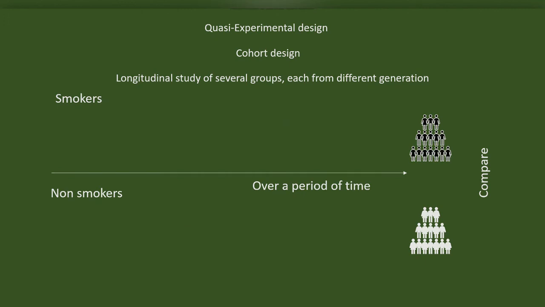Again, another type of quasi-experimental design is ex post facto designs. Ex post facto designs are used if we could not manipulate the independent variables because the things have already happened. Hence, ex post facto designs are research after the fact.